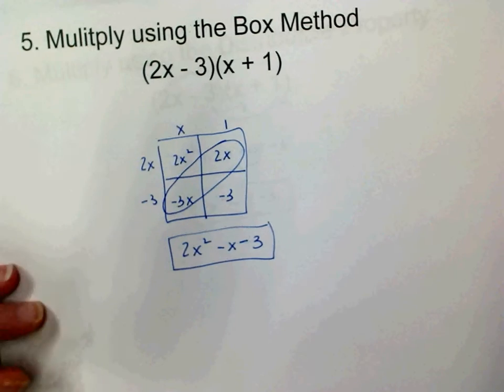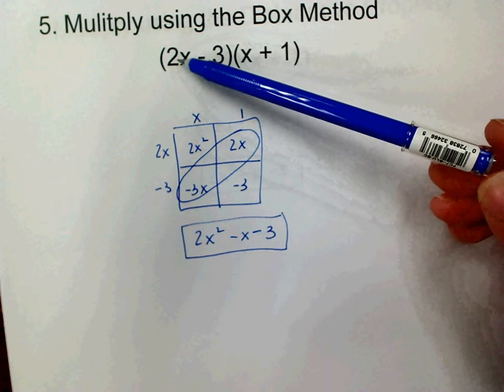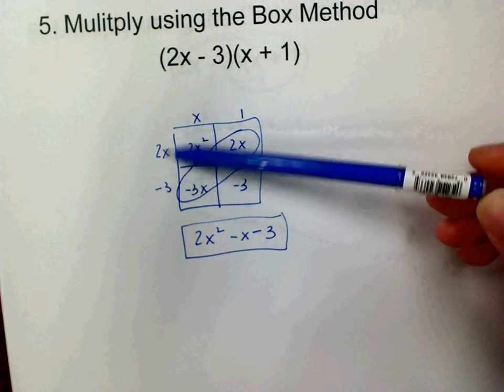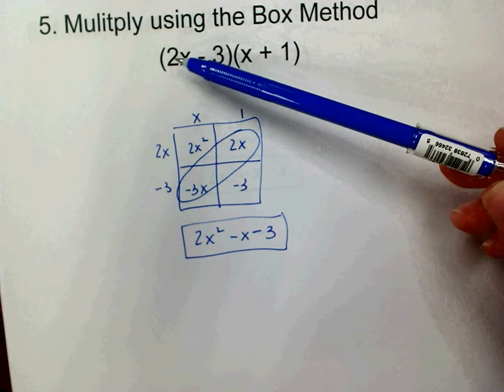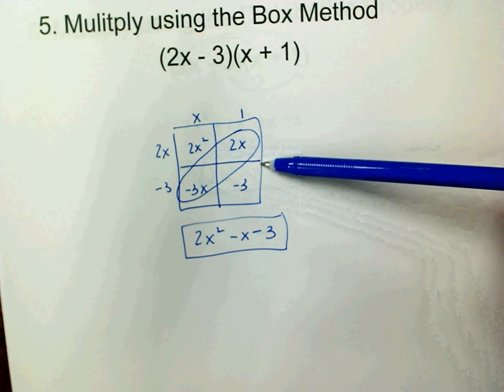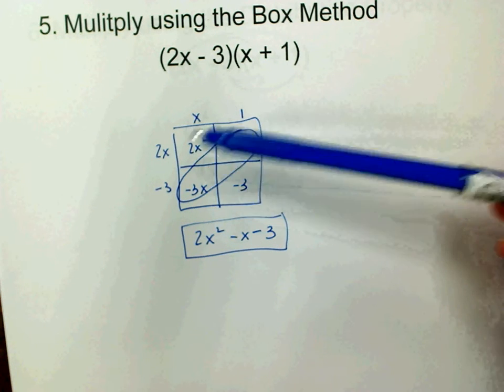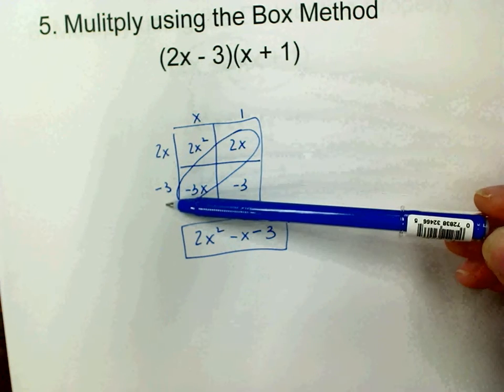If you're using the box method, it's similar to the algebra tiles in the fact that you need to put one binomial along the left side and one along the top. And since you have 2 terms in each one of those, you need to make a 2 by 2 box. So you want 2 columns and you want 2 rows. So 1 term per spot, okay?